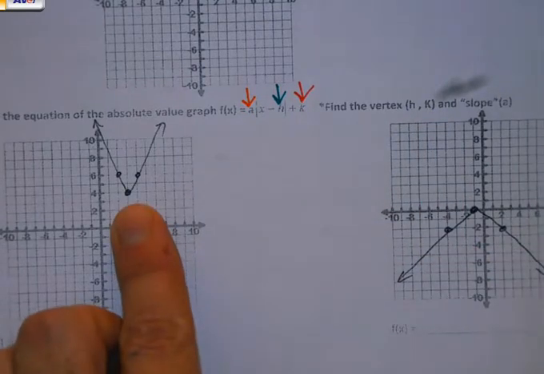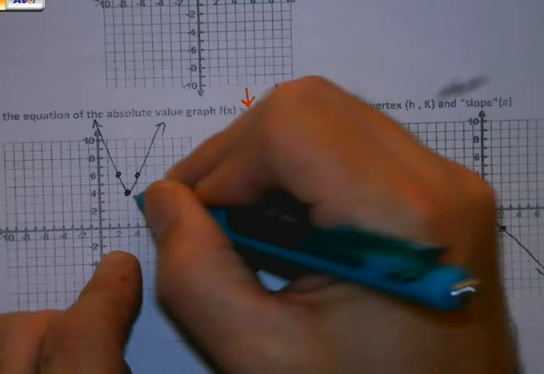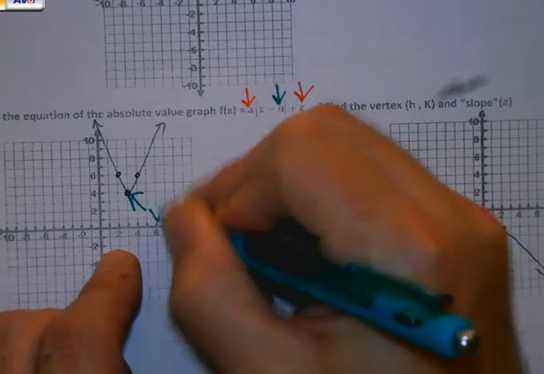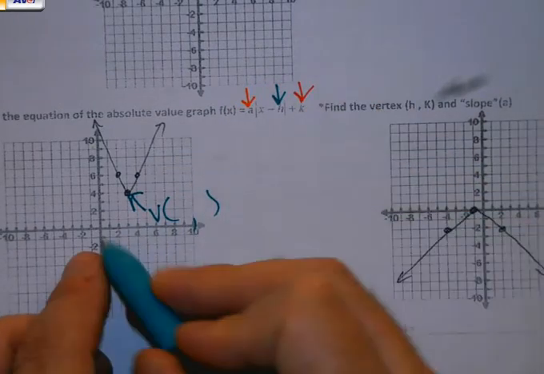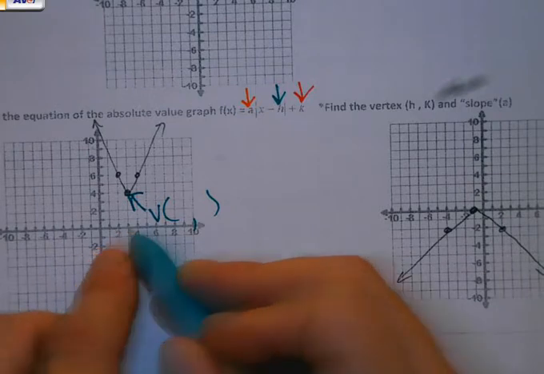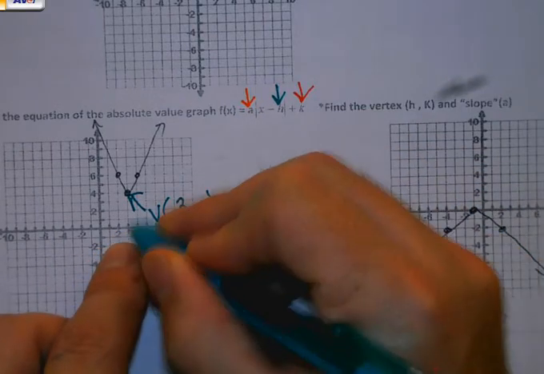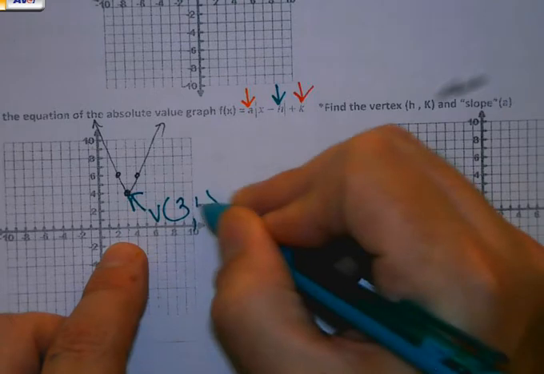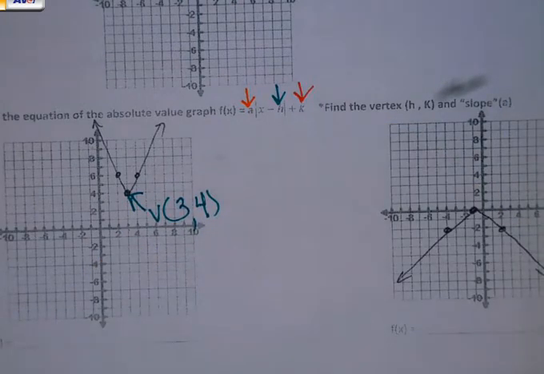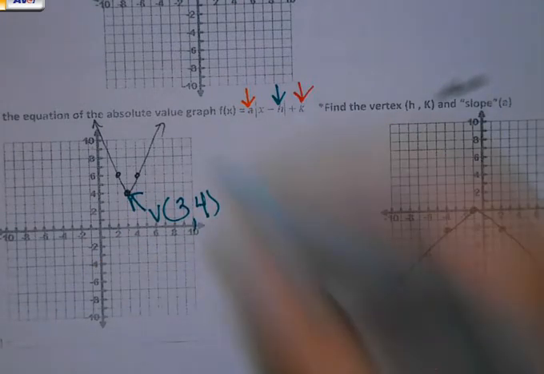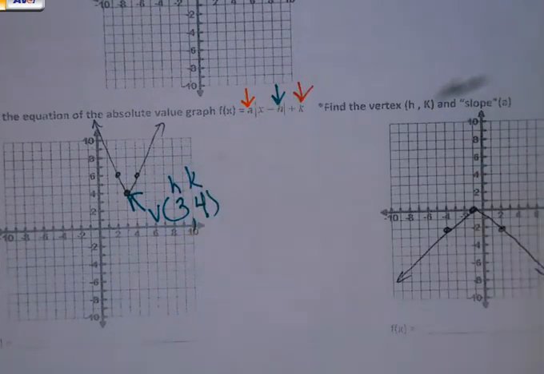So on our first one here, there's my vertex. So I went right 1, 2, 3, and up 1, 2, 3, 4 to get there. So there's my H and K.